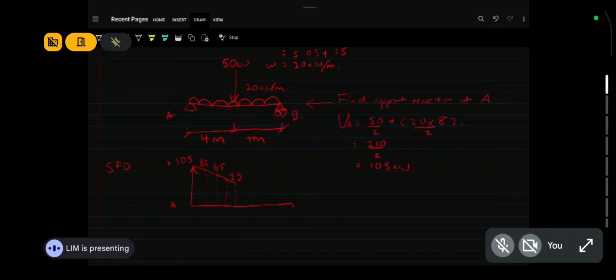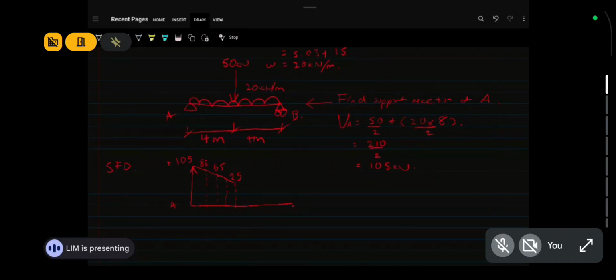Everyone follow so far? Okay. So once we get to the middle of the beam, it's 25. Now, at the middle of the beam, there's also a point load of 50 pushing down.